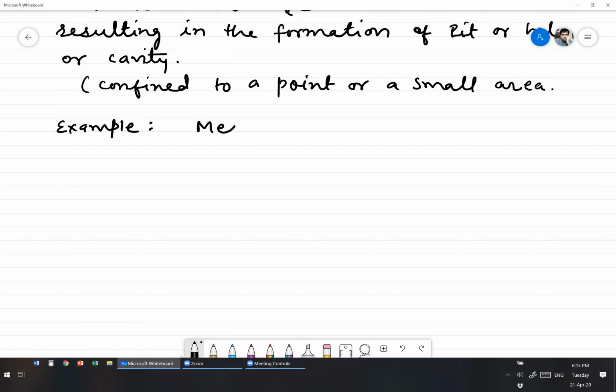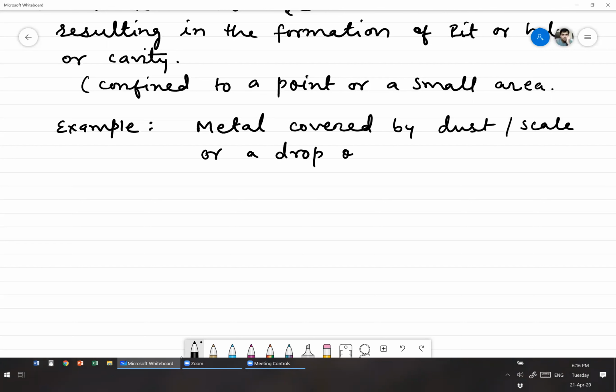Metal covered by dust, scale, or a drop of water or NaCl solution.